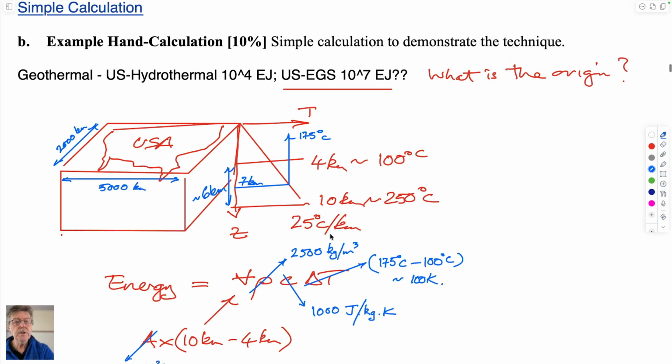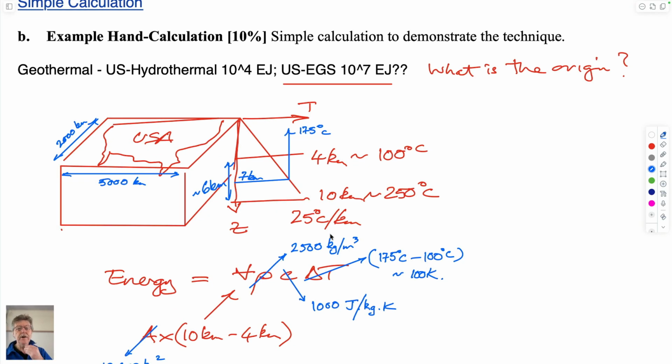So how can we use what we know now to be able to say something about the things that we've maybe taken for granted? We made this point when we were talking about the reserves of geothermal energy. The hydrothermal reserve, I think in the US, was something of the order of 10 to the 4 exajoules.